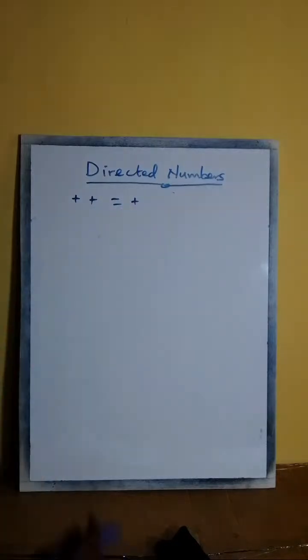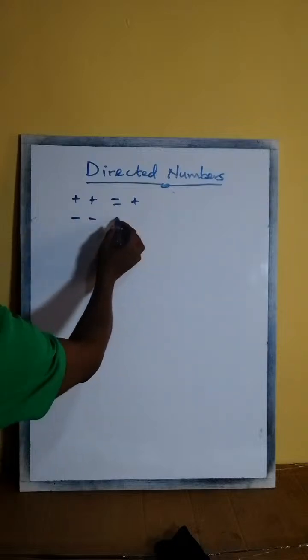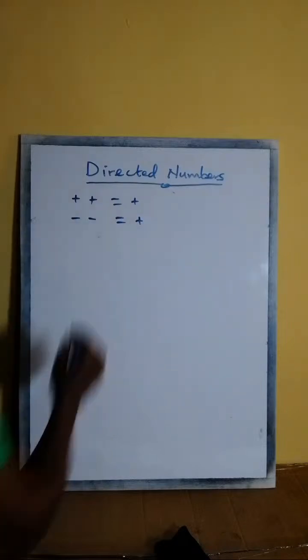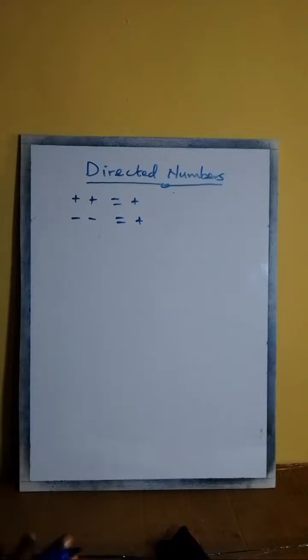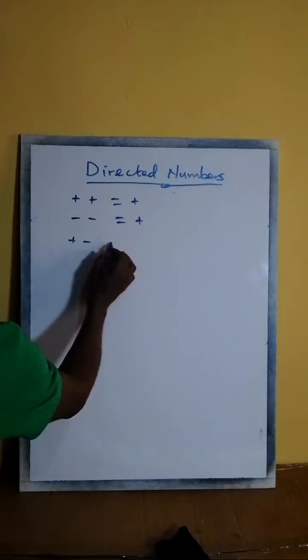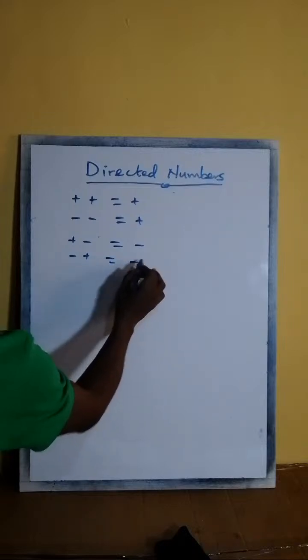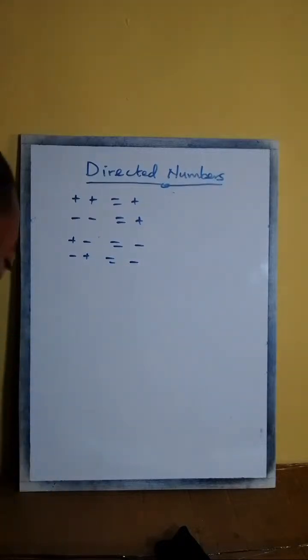Then when we have minus times minus, that also will be plus. So it means that when two signs that are the same are together, the result is plus. Then the opposite: when we have plus minus, it is minus. When we have minus plus, it is also minus. So this will help us in directed numbers as well.